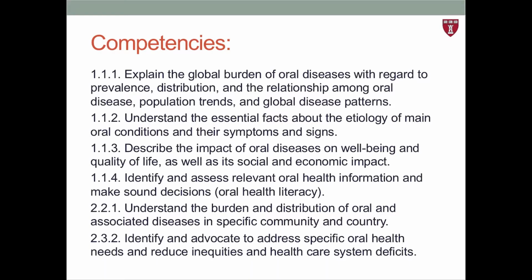This module is related to the following competencies, and while all of these competencies won't be met by this module alone, this lays the groundwork working toward competency-based best practices in global health for dental education.